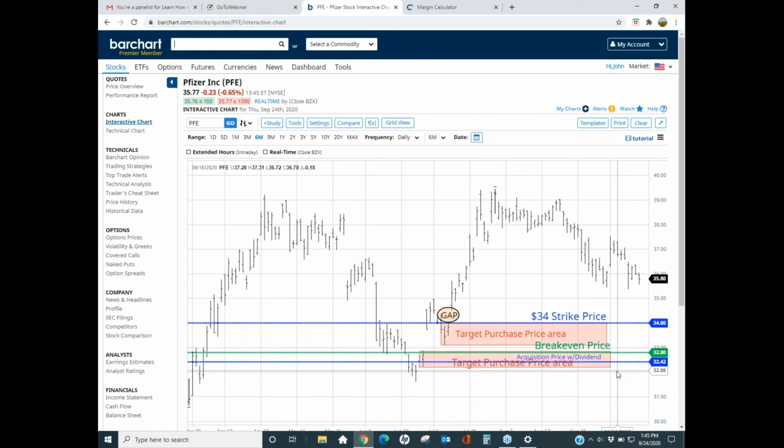That will depend on what the value of the $34 put is when price gets there. If it's 6 days from now, it's probably not going to be enough to exercise us. But if we are getting close to expiration or close to that ex-dividend, that could factor into that exercise, all right? Not something that will happen a lot, but it's something that I want you to be aware of.